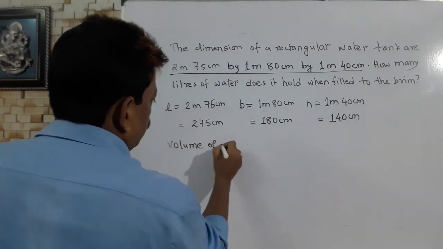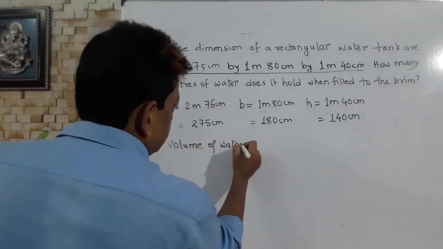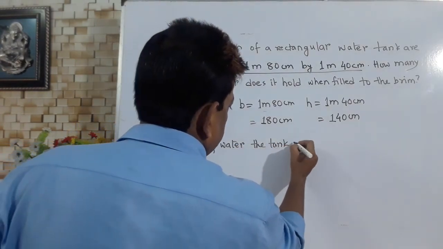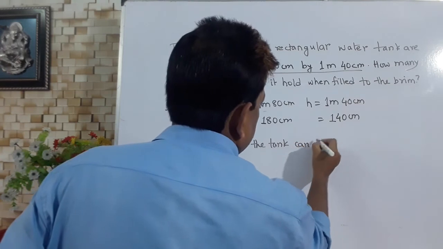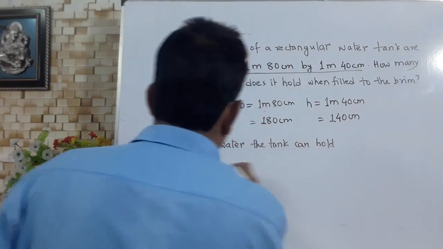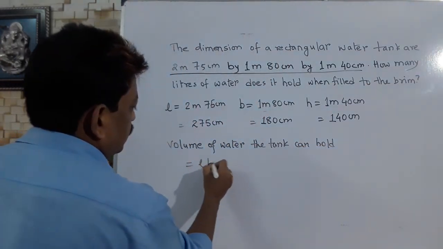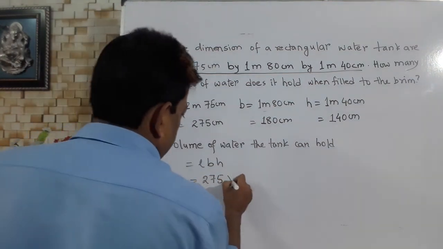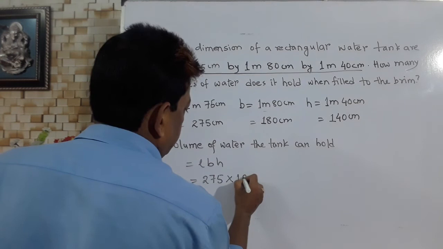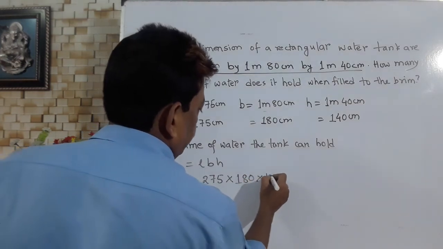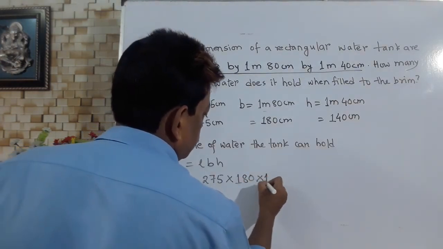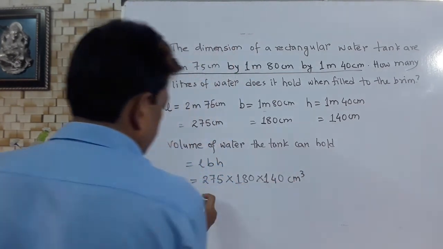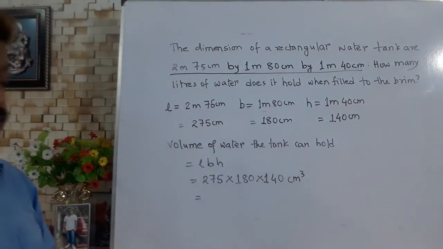Volume of water the tank can hold equals length into breadth into height, that is 275 into 180 into 140 centimeter cube.